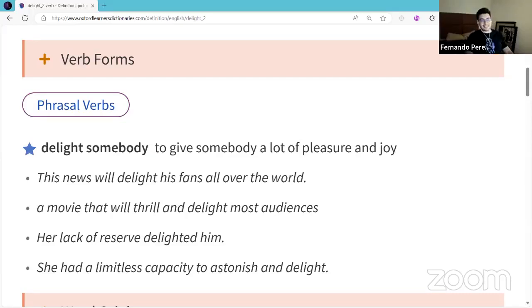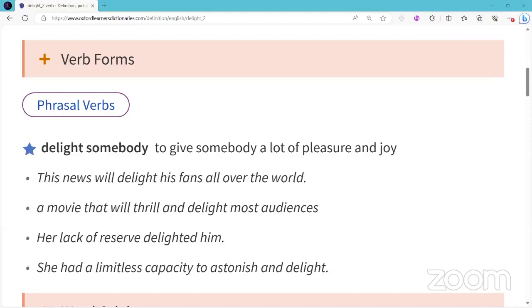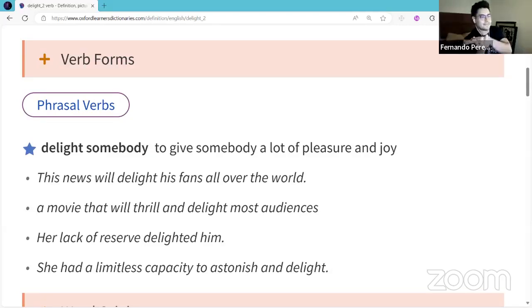Precisely, which is an adjective. That is a third adjective because it exists: delighted, delighting, and delightful. So yes, that's precisely another modification. Easy as that, no?